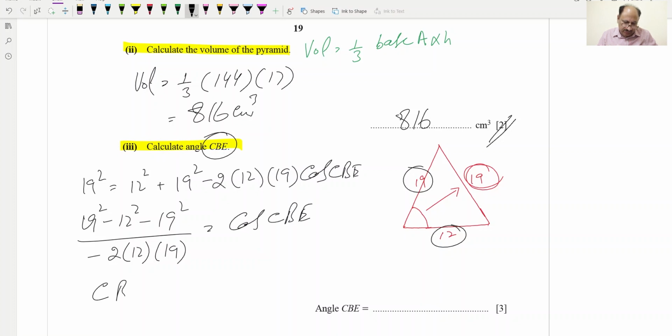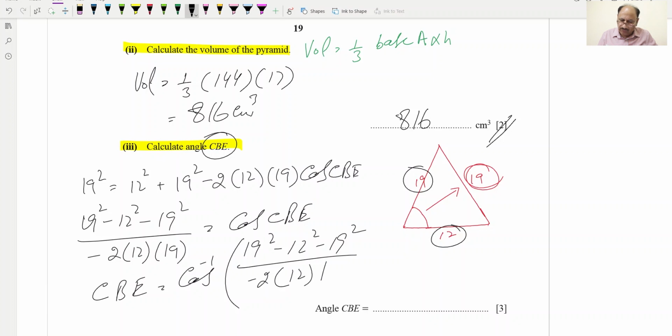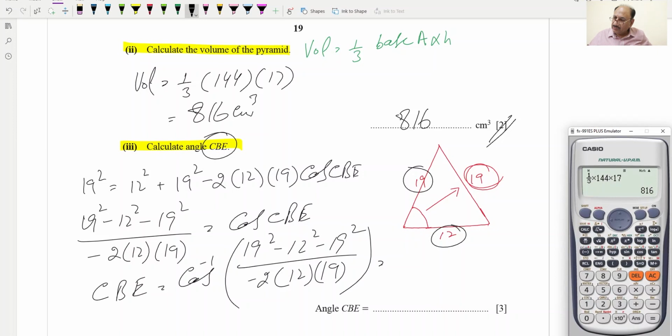So CBE will be equal to cos inverse of that fraction, and this answer we can calculate.